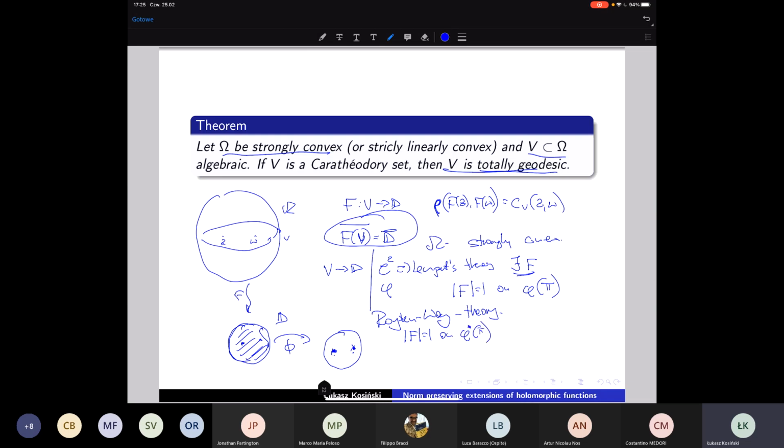So this means that t is contained in f of v, and so this set phi of t needs to be contained in the closure of V. And now polynomial convexity or algebraicity comes up, because if V is polynomially convex, then this means that the whole geodesic lies in V. So here the polynomial convexity plays an important role.